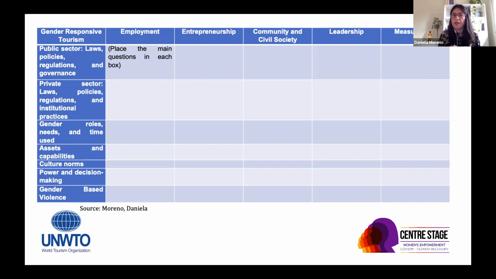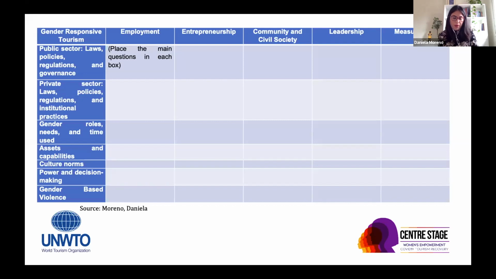We really think that these are the key levels of analysis that you should consider when you are elaborating your rapid gender assessment in tourism. And as I told you, the matrix is very flexible. You can adapt this matrix. This depends on the context where you are, right?